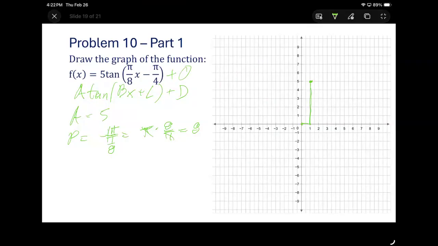Since we are going to take this shift to the right by 8, we will pick our first point here, and then we'll do our over 1 up 5, over 1 down 5.